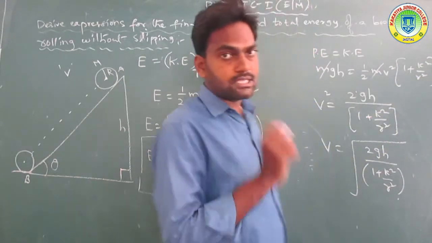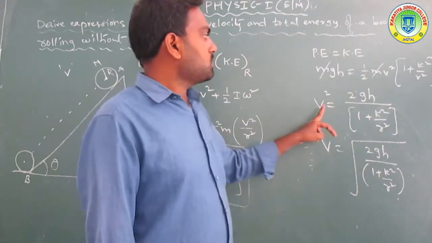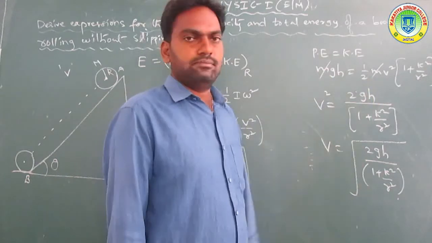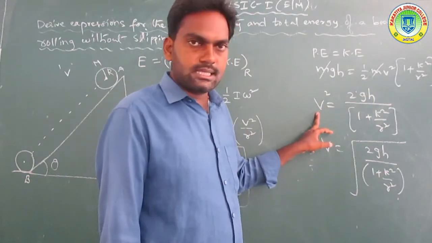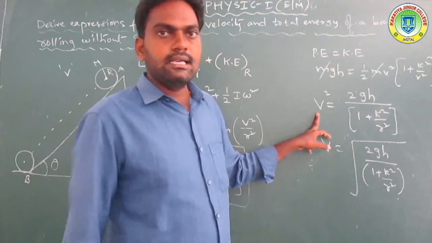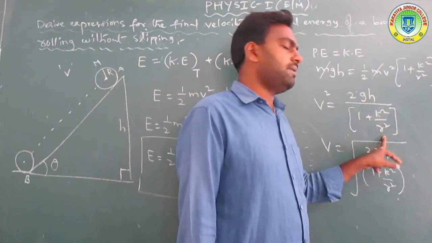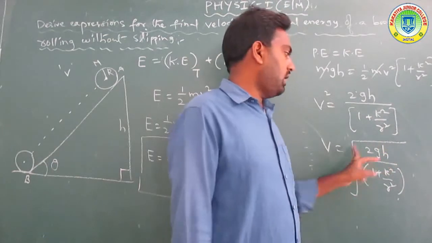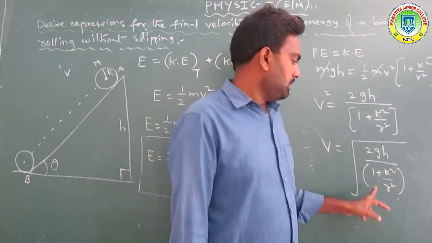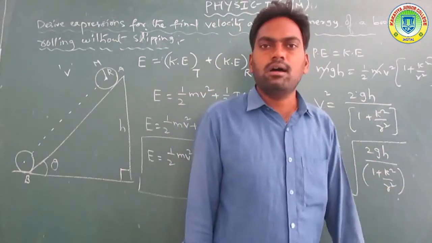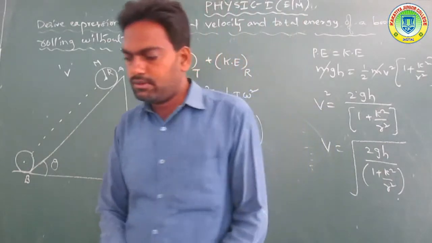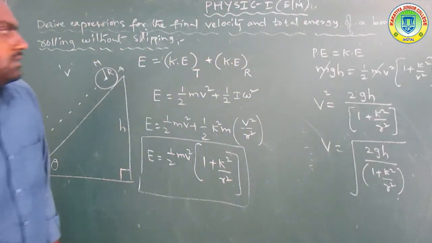K means radius of gyration. Okay, got it? So m cancels, and v square is equal to 2gh by 1 plus k square by r square. So v is equal to the square root of 2gh by 1 plus k square by r square. Okay, got it? Right. Now let us discuss another topic.